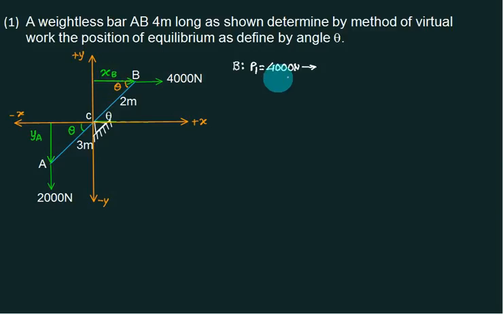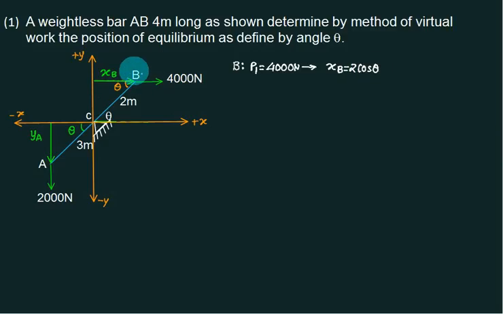And see, if it is horizontal, always make x. If you show horizontal, you must show x. X at what point? B point. So what is xB from this right angle triangle? It is 2 cos theta.